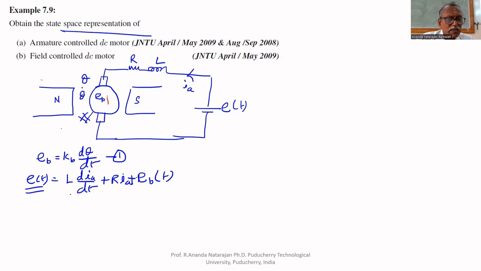What are all opposing? The drop in inductance, the drop in resistance, and the back EMF are opposing the applied voltage.